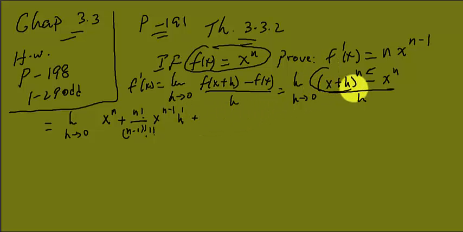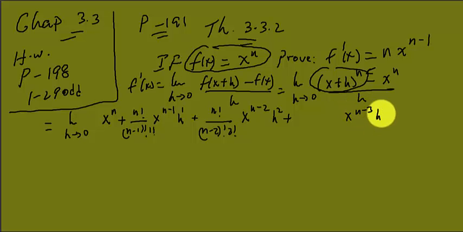Plus, I am expanding this right now. Plus I'm going to have x to the n minus 2 power and h to the second power, and my coefficient in front of this will be n factorial over n minus 2 factorial times 2 factorial. Plus x to the n minus 3 and h to the 3, with n factorial over n minus 3 factorial times 3 factorial, plus dot dot dot.